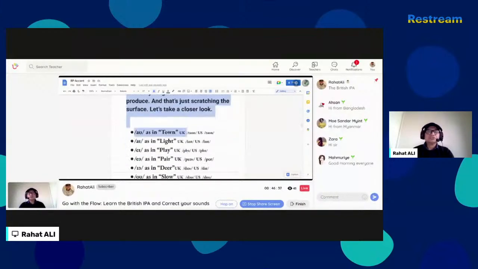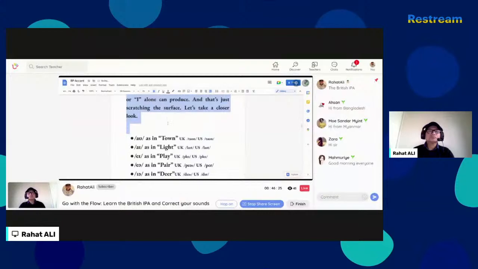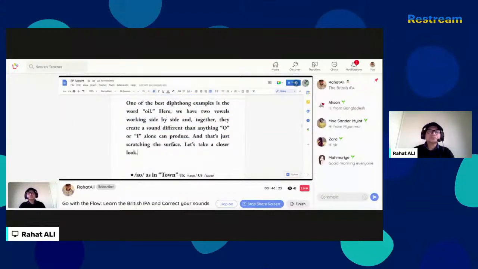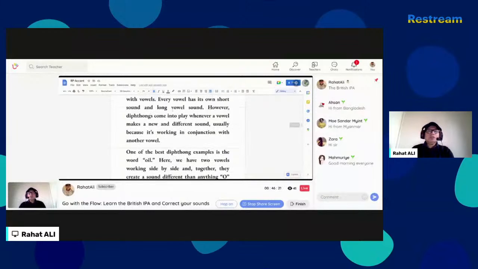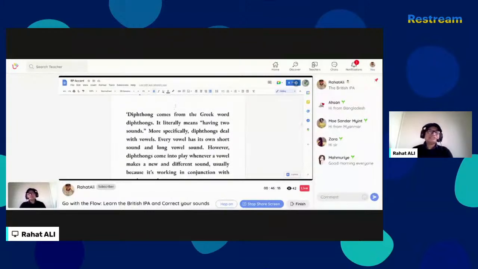So let me change. It literally means having two sounds. More specifically, diphthongs deal with vowels.